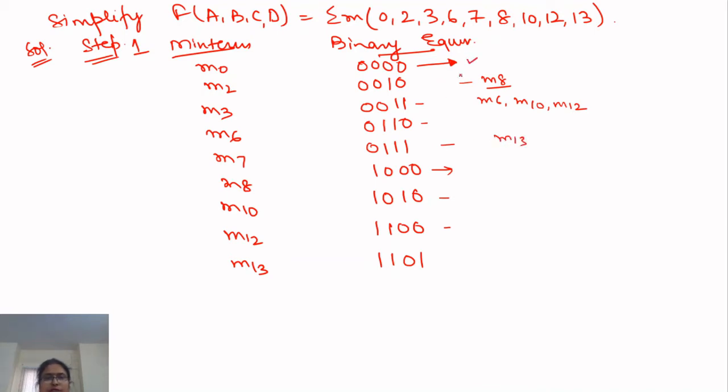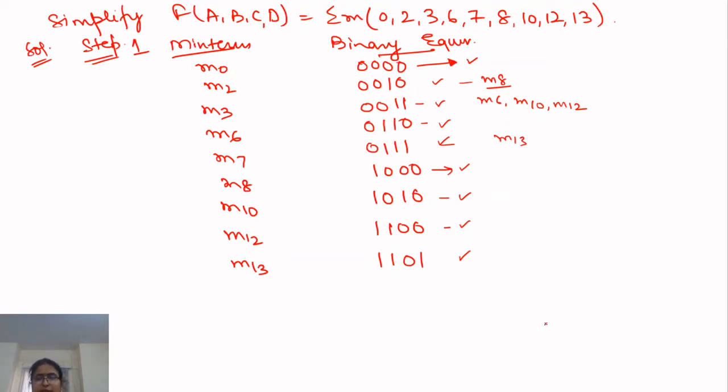Right? So 0 is there, M2 is there, M3 is there, M6 is there, M7 is there, M8 is included, M10 is there, M12 is there and M13 is there. So all are included. So this is your pair for step 1.